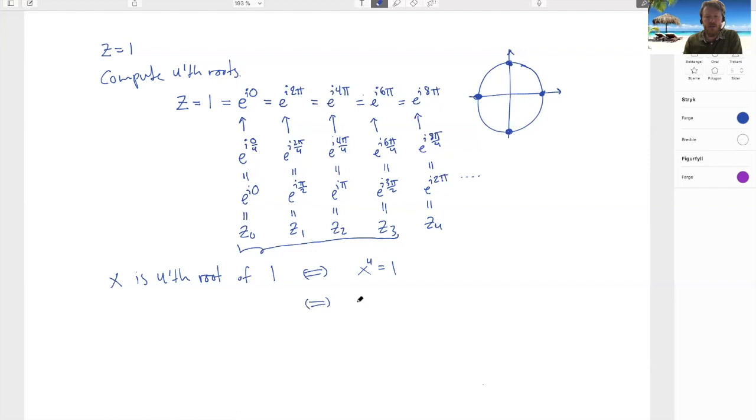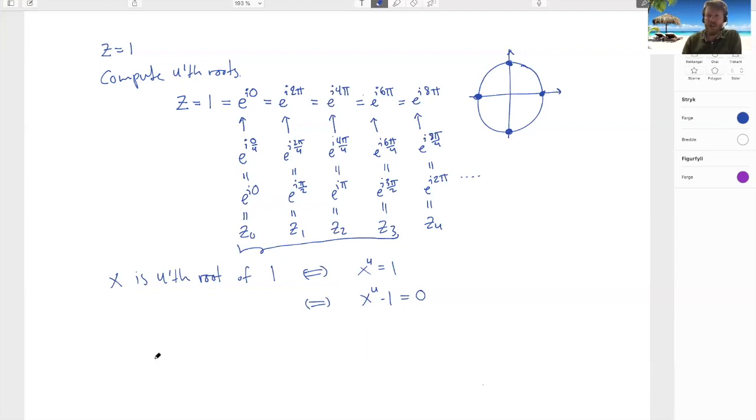This is if and only if x to the 4 minus 1 is 0. That is, x is a root of this 4th degree polynomial. And by the fundamental theorem of algebra, we know that this has at most 4 different roots. And up here, these 4 are all different roots of this polynomial. So we have indeed found every single 4th root of 1.